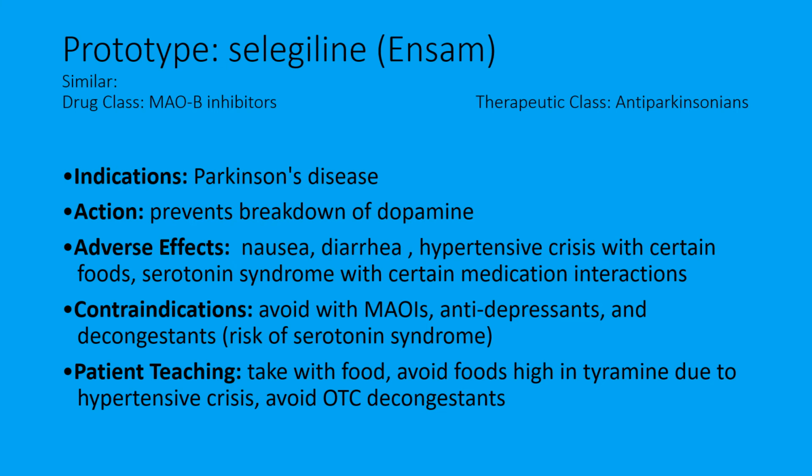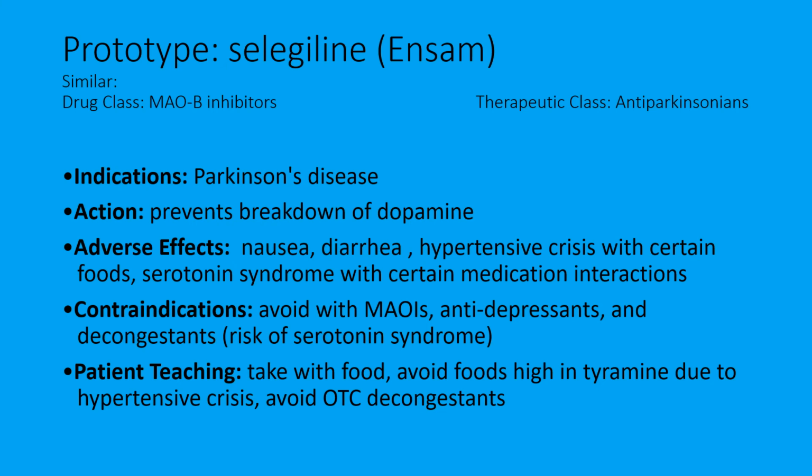So you get abnormal movements as the dopamine goes up and down. This medication, by the way, can also be used as a patch for depression. Remember, it's an MAOI inhibitor, so it is used as a patch for depression as well. Okay?